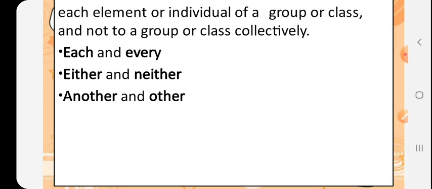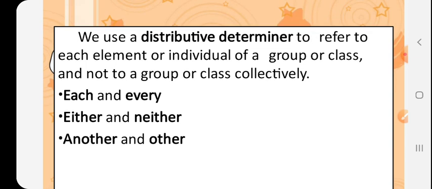Like each boy must bring a pen. So here, each is what? Each is a distributing word, meaning out of 20 boys the distribution was done, like each boy was given a pen, or was asked to bring a pen, it can be anything.